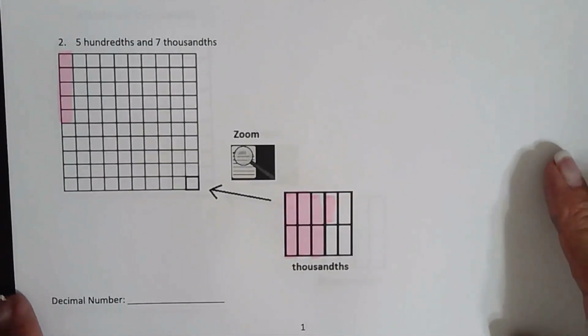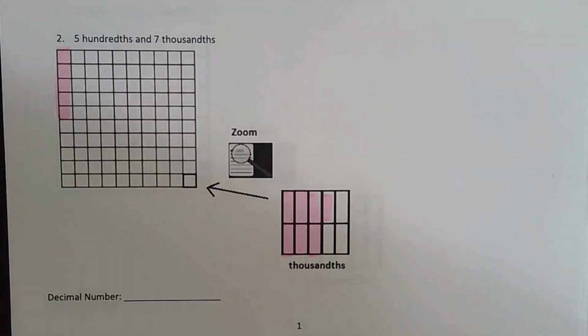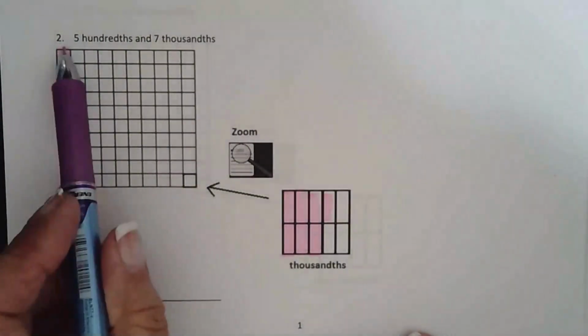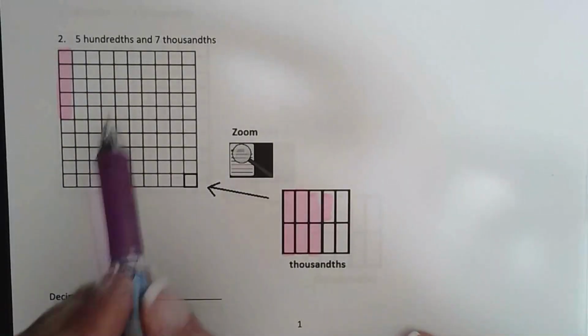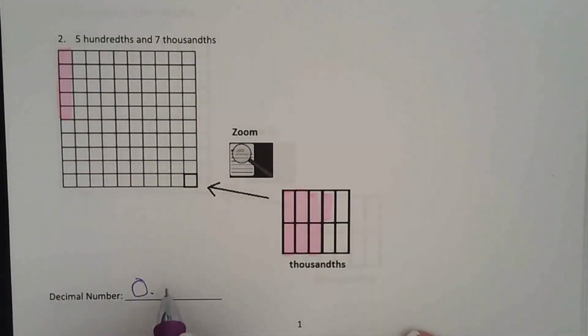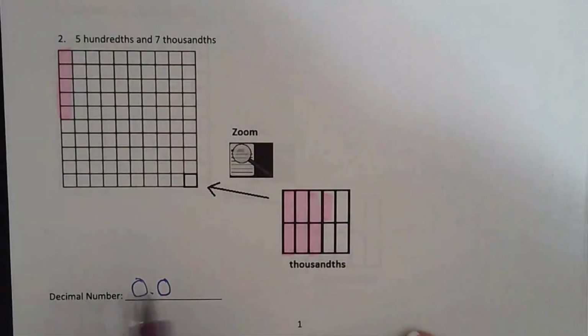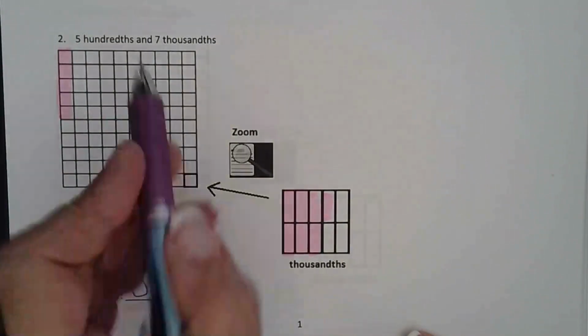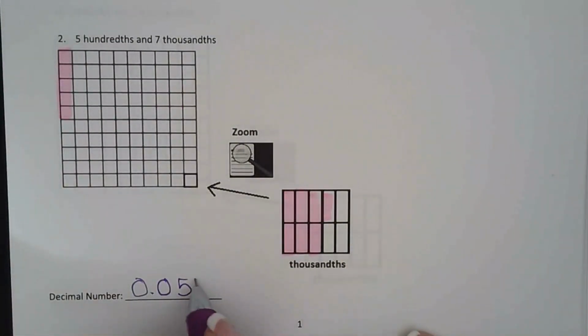Let me get it here so we can see the whole picture. So then we write 0, and we say what number is in the tenths place? Well, there's no strips. So since there are no strips, that means the number in the tenths place is 0. What number's in the hundredths place? 5. What number's in the thousandths place? 7.